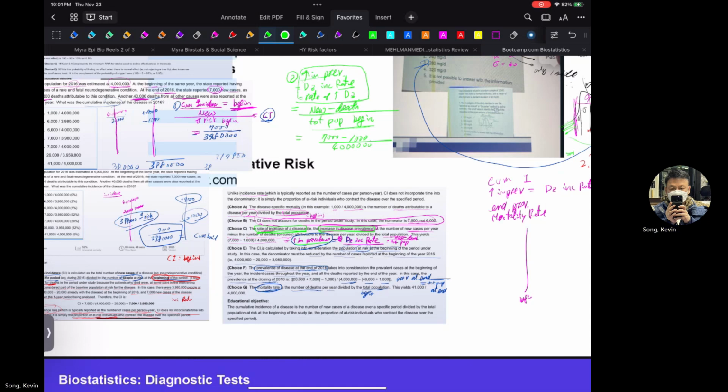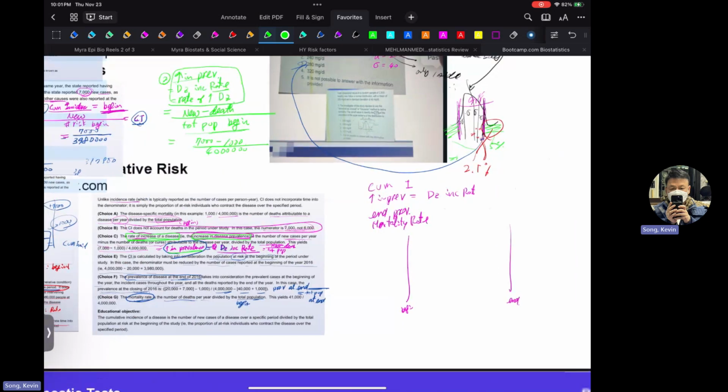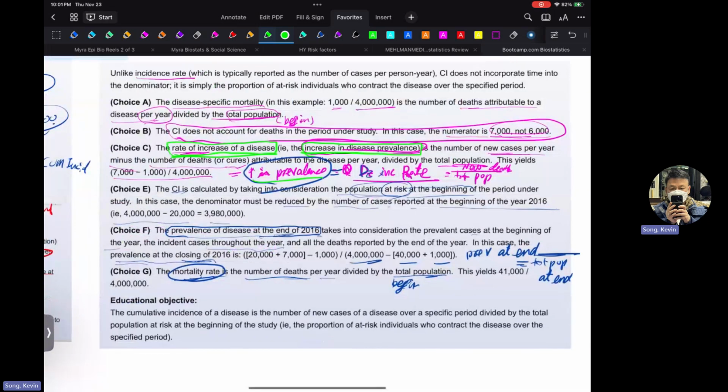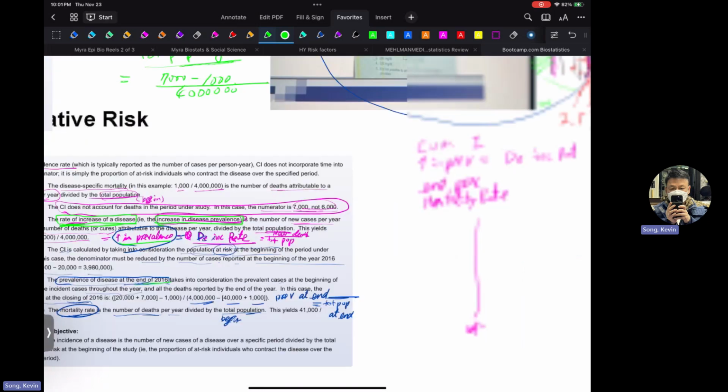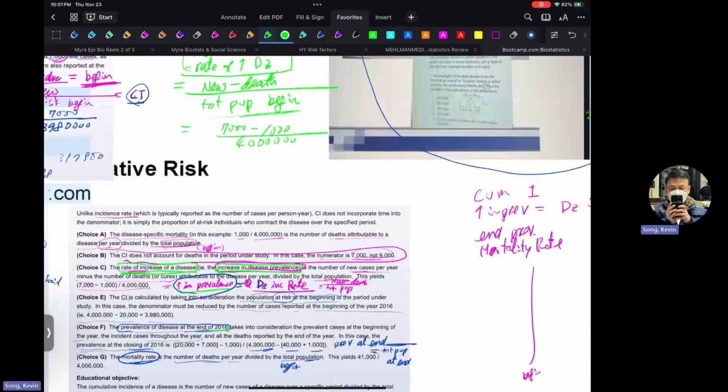Okay. Now the next measure is the end of year prevalence. Let me use another color here. So the third one is end prevalence, the end of year prevalence. Sometimes they call it the prevalence of disease at the end of the year. Same thing.